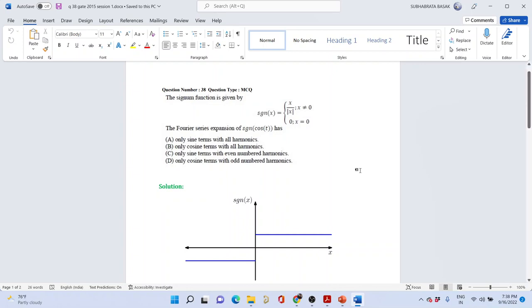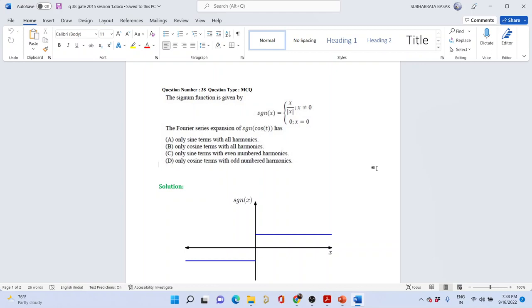Okay. So what are the harmonics that can be present over there? Is it half wave symmetric? Yes, sir, it has half wave symmetry. So if it is half wave symmetric, then what do you think would be the correct answer? No even harmonics.